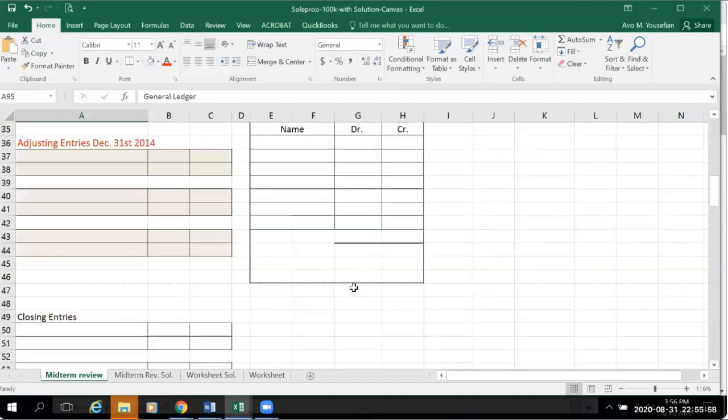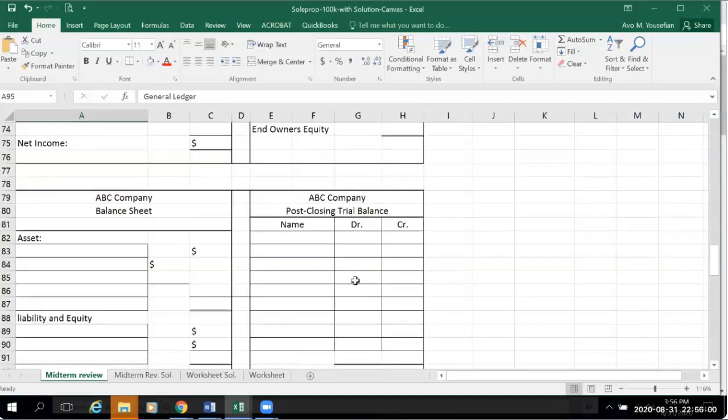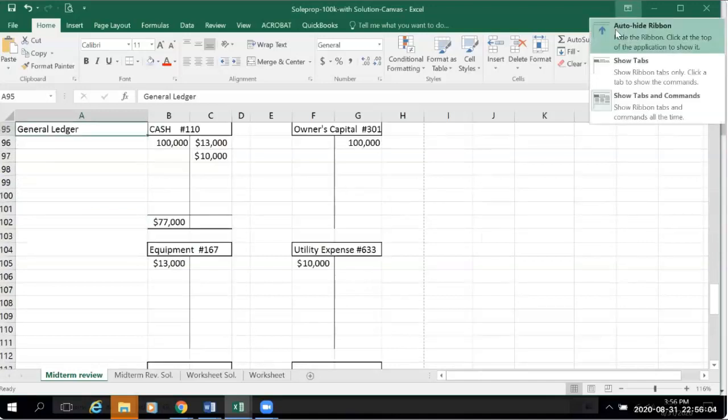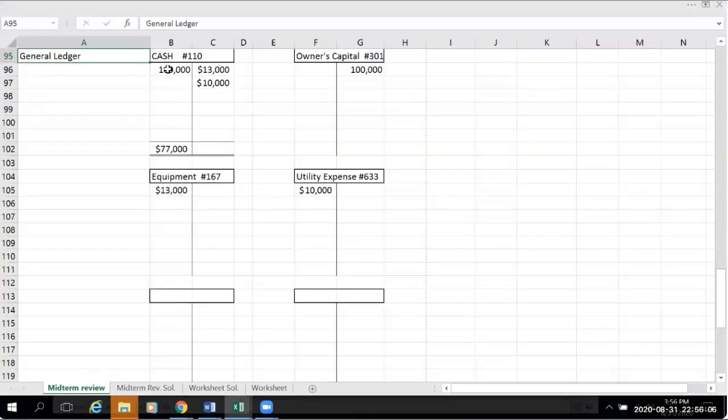By doing this, I would like to learn some stuff. So let's see if we can learn it. Look at this cash. Is cash an asset? Yes? Okay. What's the normal balance on any asset? Is it on the debit side or on the credit side?